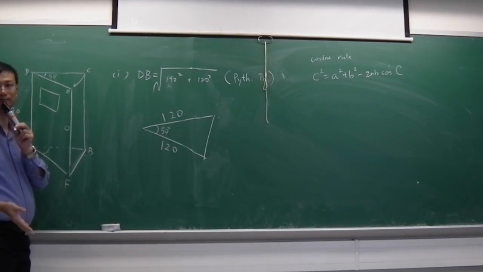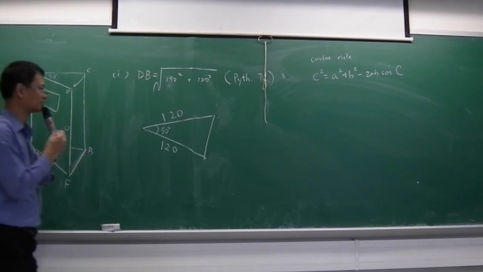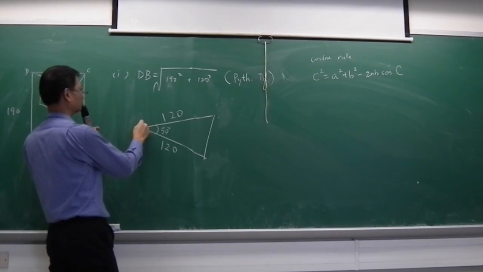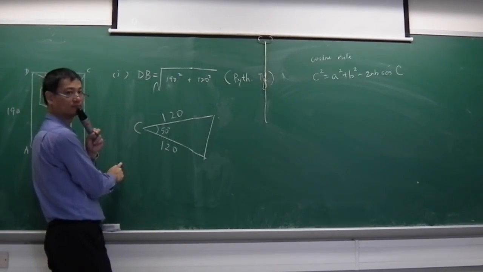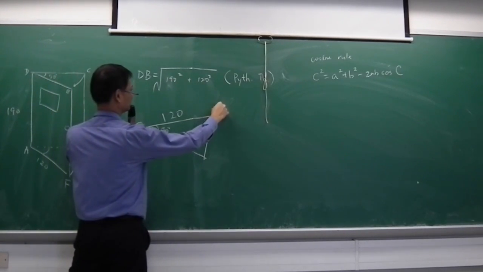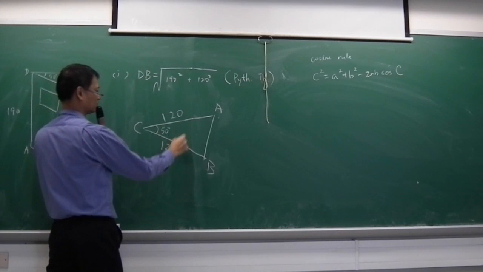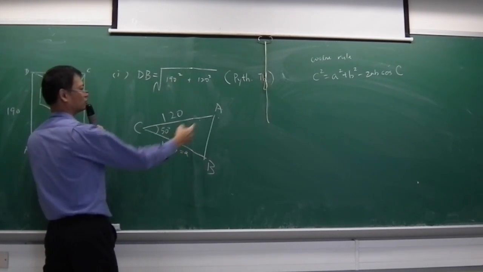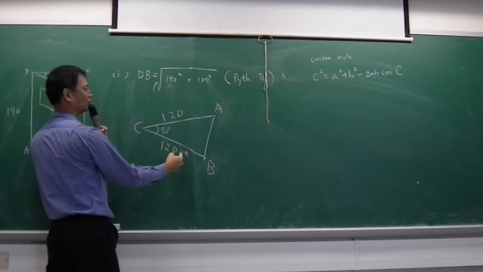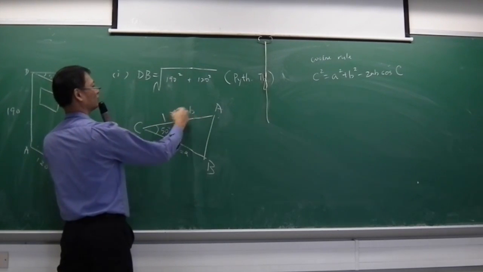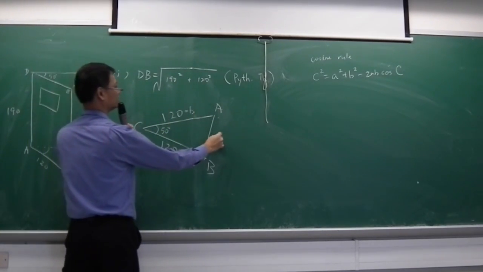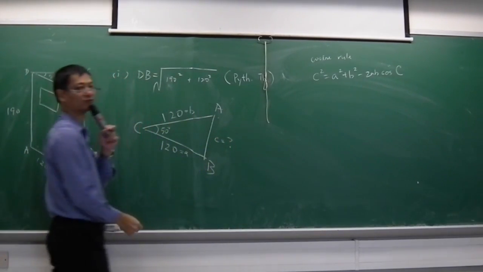It is confusing. We just look at it. Suppose this is angle C, and this is A, this is B. Then A is the opposite side, 120, and B is that side, 120, and C is the length we want to find.